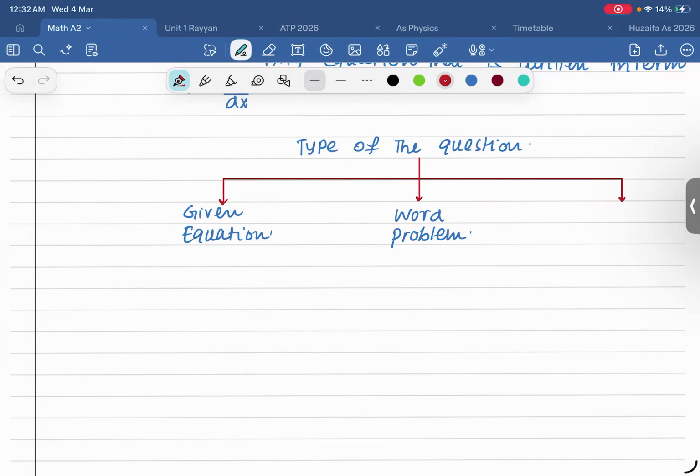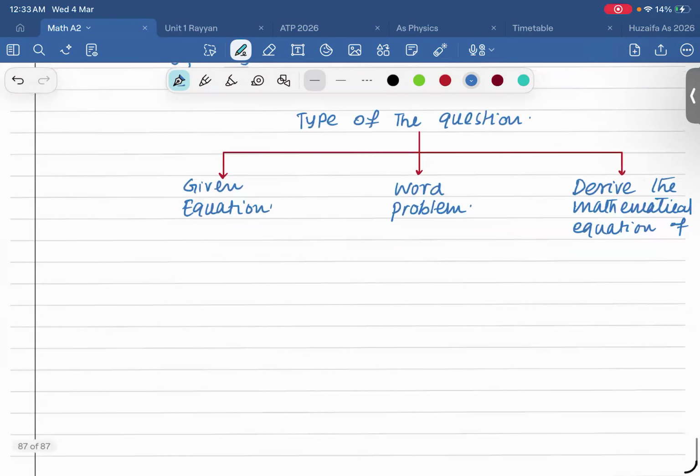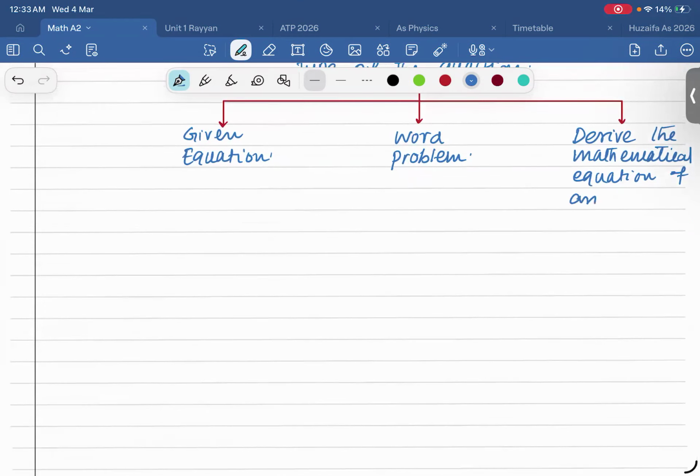So, derive the mathematical equation of any physical scenario or setup, right?